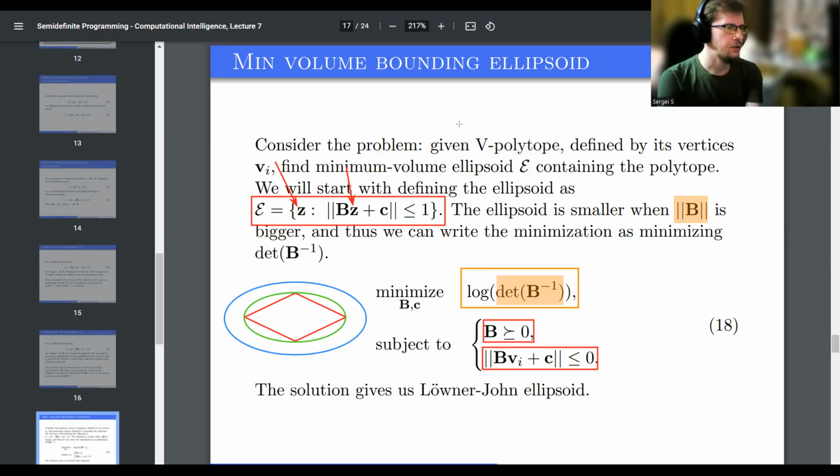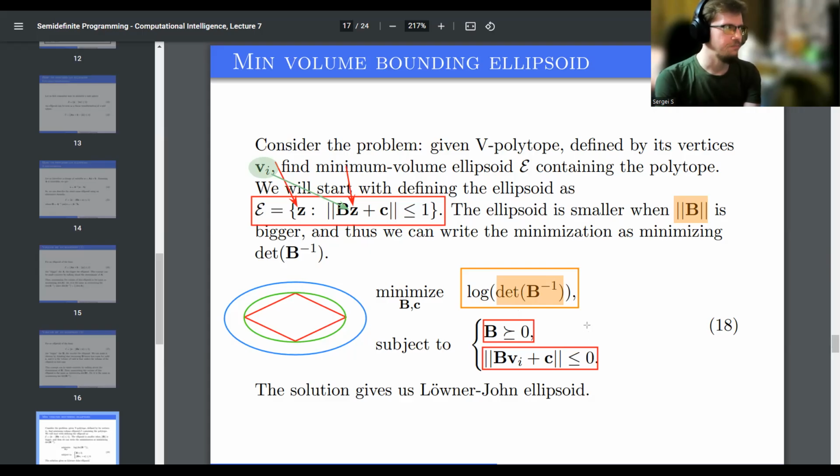If we substitute V into this condition instead of Z, it should also work because V is supposed to be inside this ellipsoid. The ellipsoid is all Z for which the condition works, so it should work for V as well, right? This is how we get this condition.